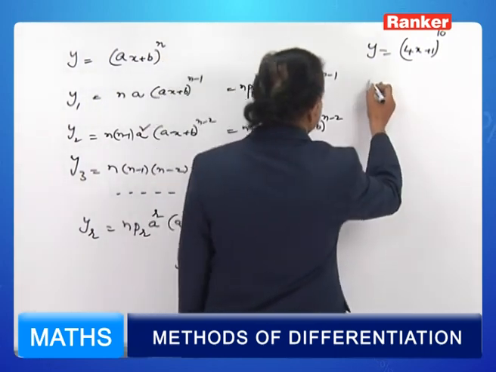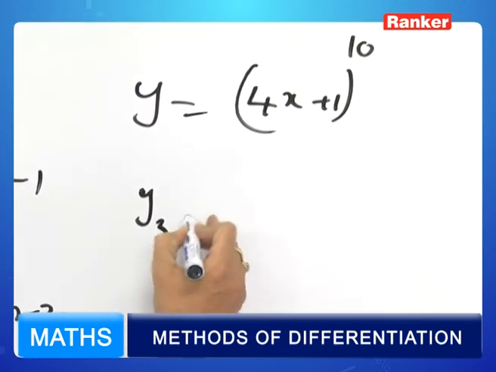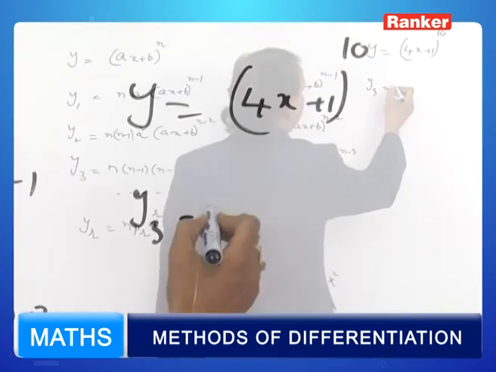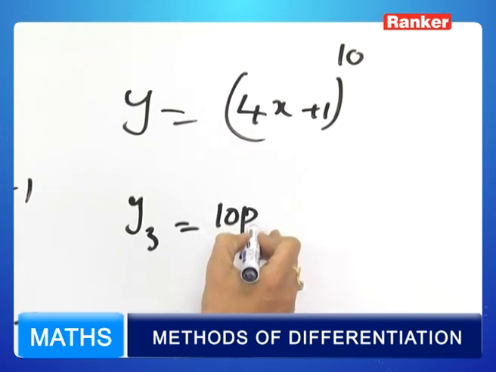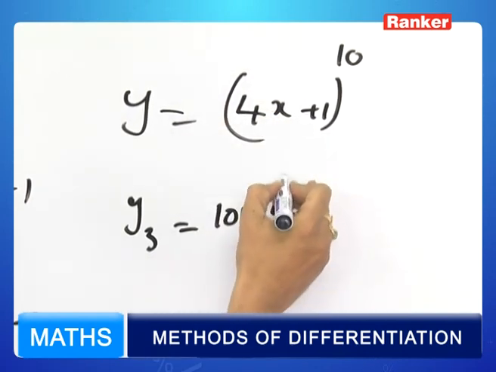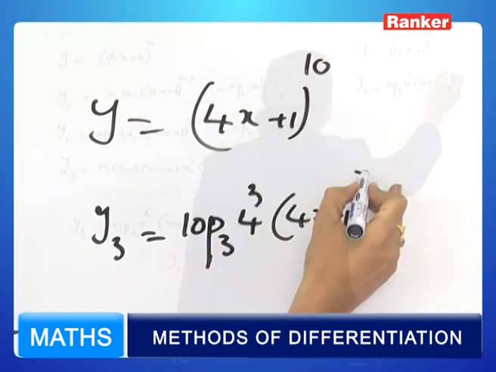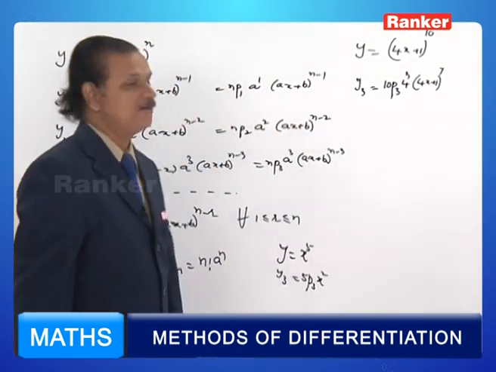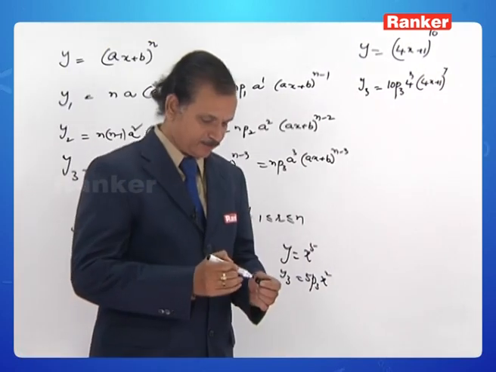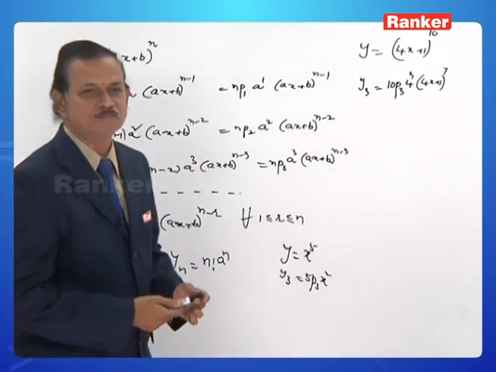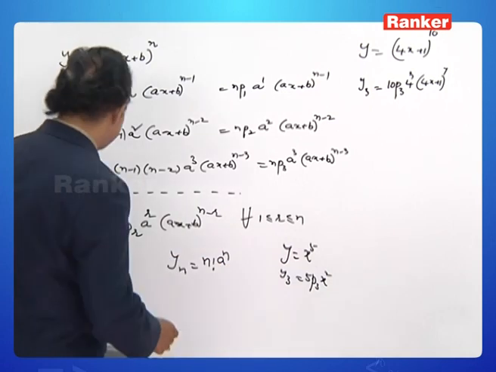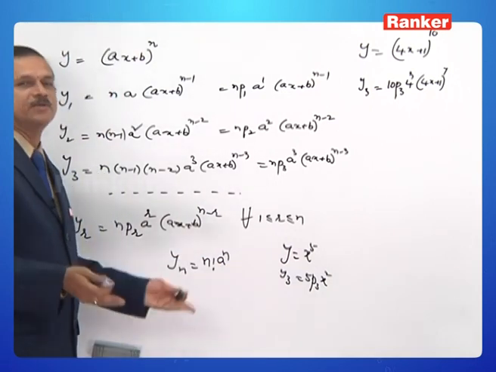Well, for this function, can you tell me what y3 is? Surely 10P3 into 4 cubed into (4x plus 1) to the power of 10 minus 3. What is 10 minus 3? 7. That is the third derivative. This is the very first form of nth derivatives, I mean the successive derivatives.